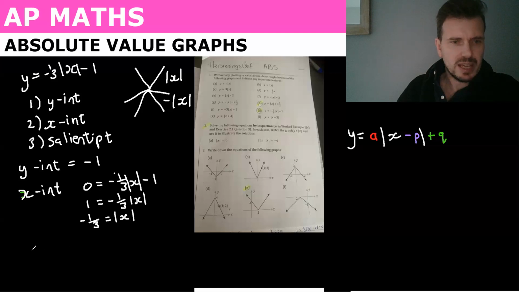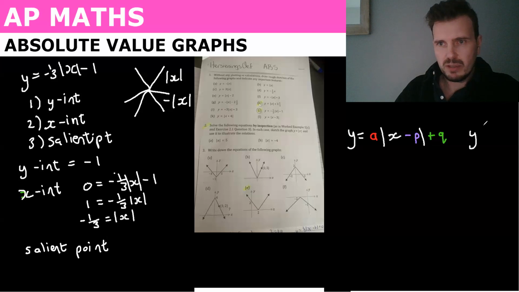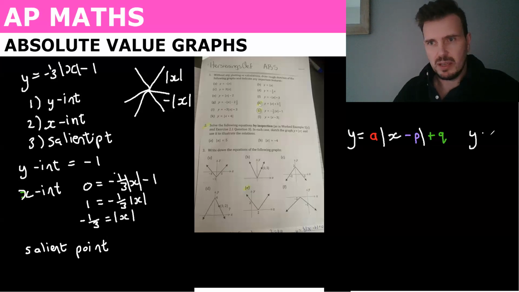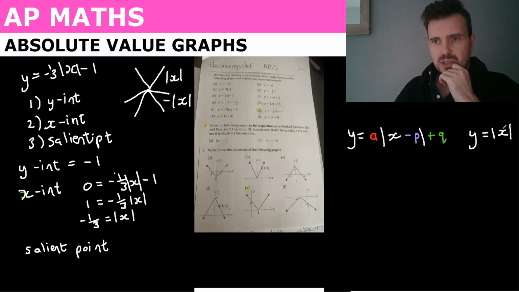But we can get the salient point, because the salient point is the point of the V. If we look at the salient point of a normal absolute value graph, there's no P and no Q. They're both 0, so it's just on the origin. Looking at the salient point of this one, we see that it's got -1, so the Q bit is -1.